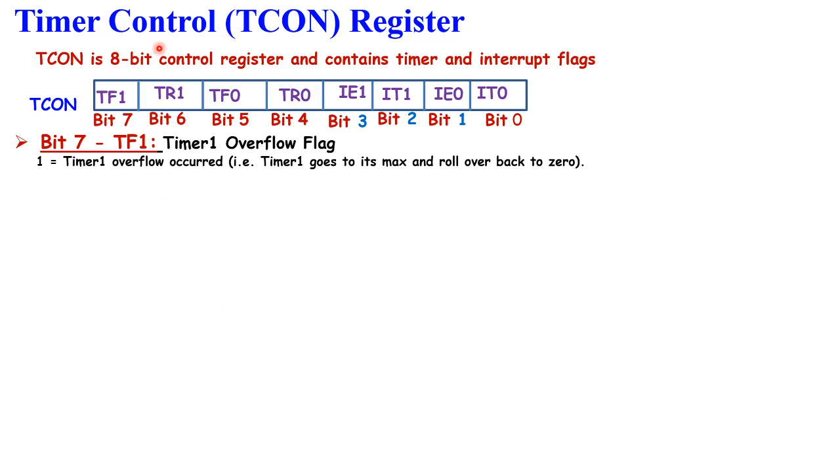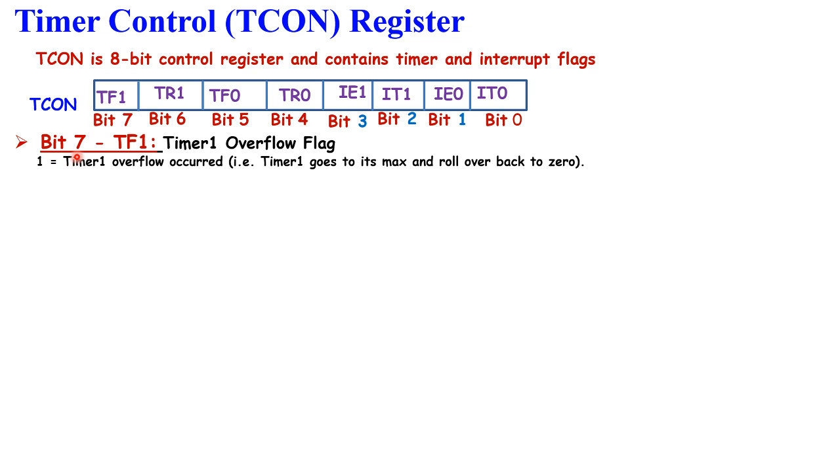This timer control register is an 8-bit register, and the lower nibble is used for interrupts, external interrupt and timer interrupt. So we are not going to focus on this. We need the upper nibble: TR0, TF0, TR1, TF1. These 4 bits we need in timer mode selection.